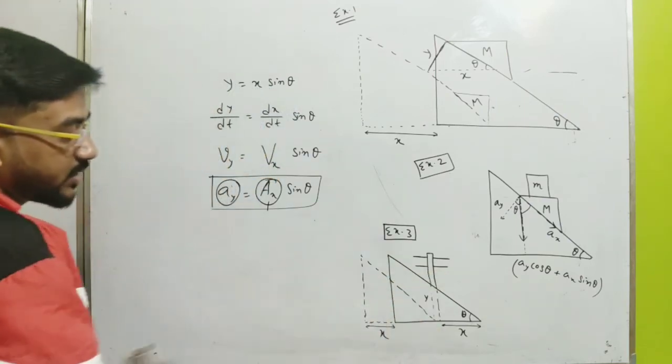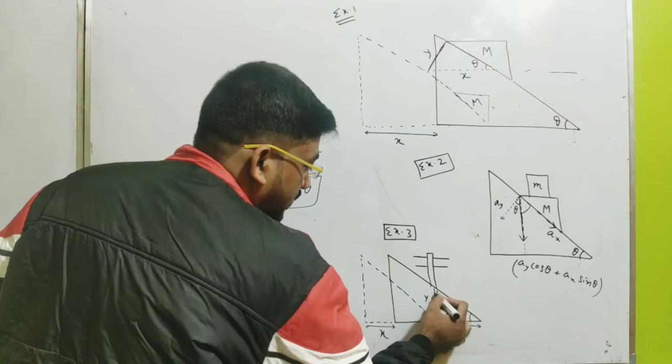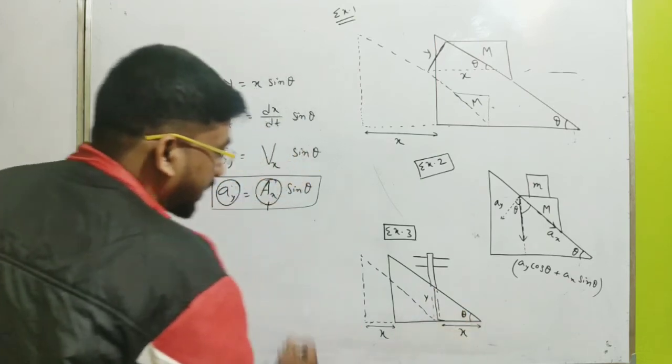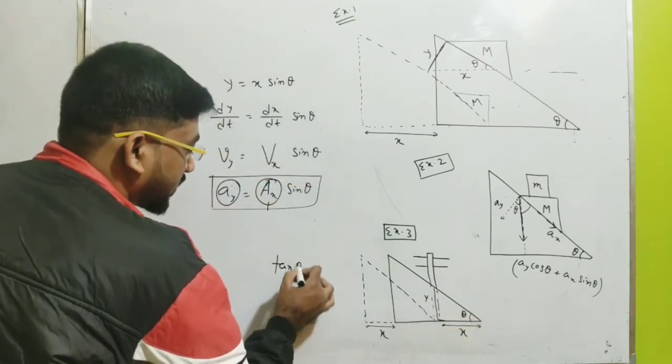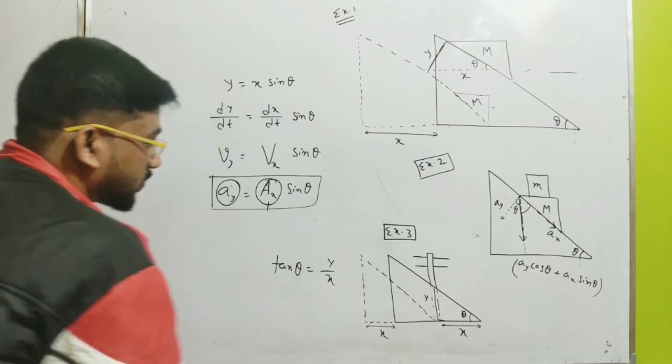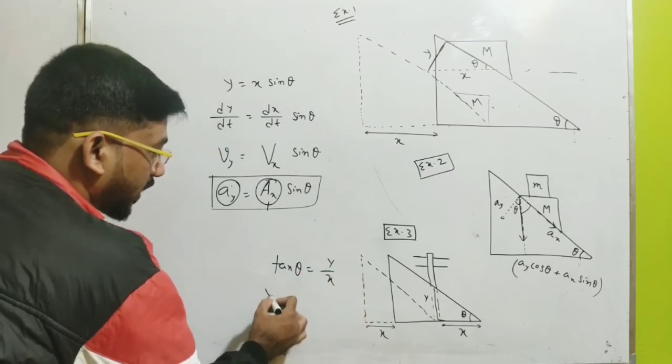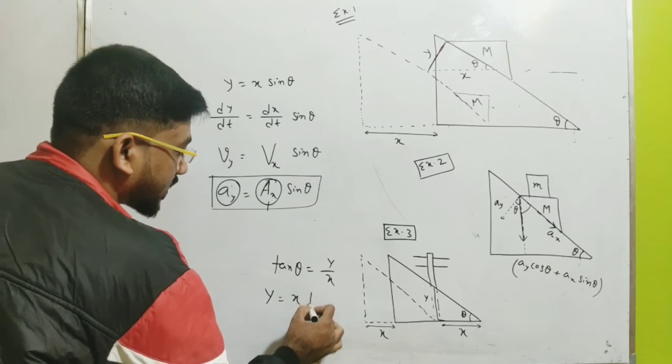So what is the relation between x and y? We can easily find from this triangle that tan theta will be y by x. So y is equal to x tan theta.